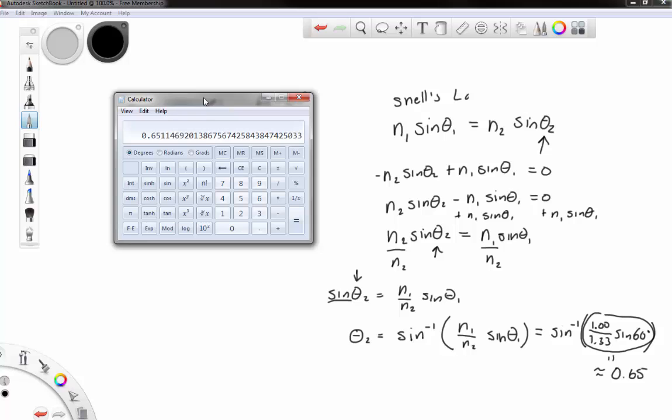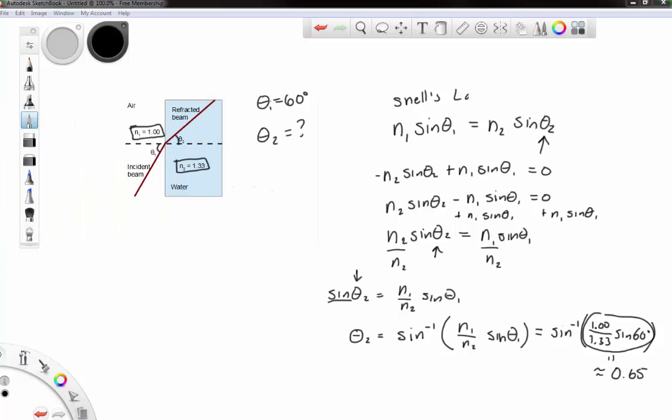Now we click the inverse button, and look, there's a sine -1 button now, so we click that, and it tells us that the angle should be 40.628 degrees. So we just solved for theta 2, and theta 2 was 40.628 degrees, and we're actually going to want to keep about 3 significant figures of that, so 40.6 degrees.